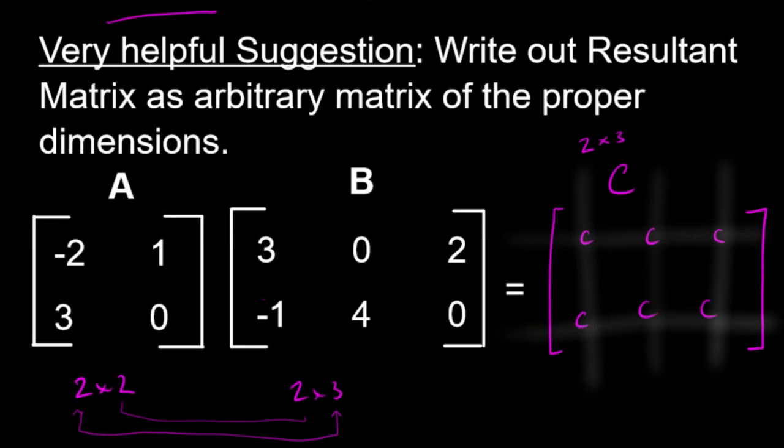Now, back to the naming. This is 1, 1. That is to say, it is the first row, first column entry. First row, first column. First row, second column. First row, third column. This is the second row, first column. Second row, second column. Second row, third column. Okay?